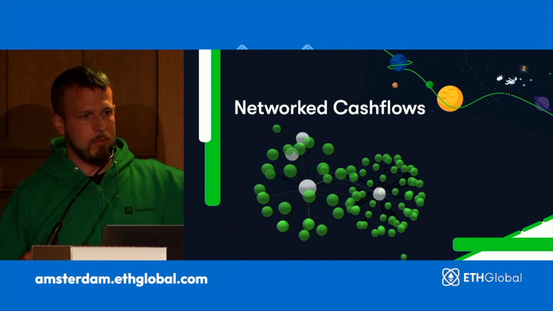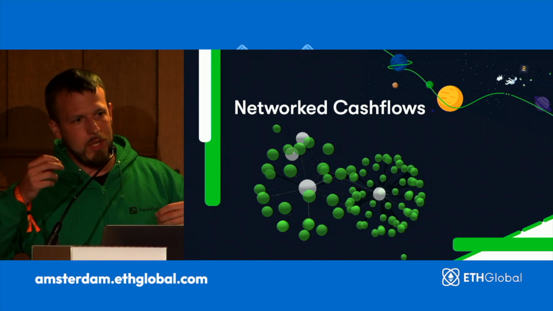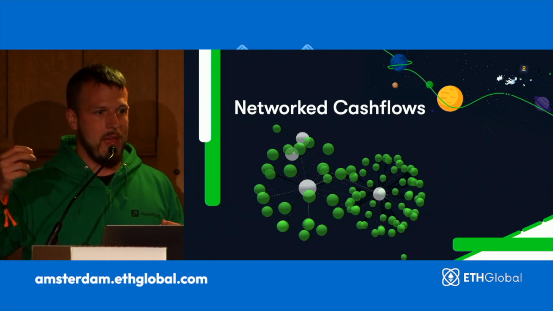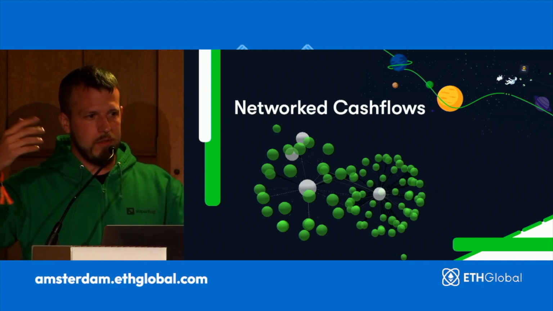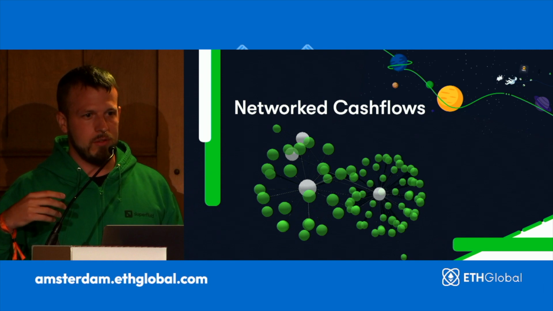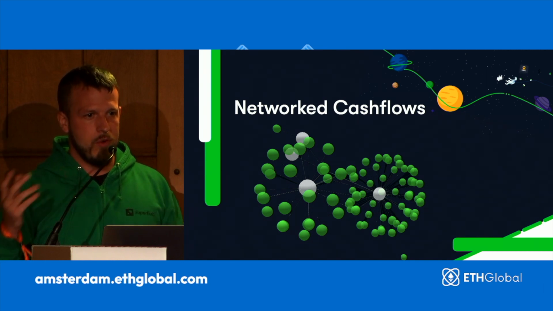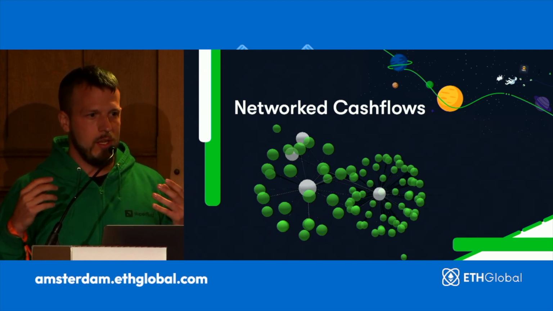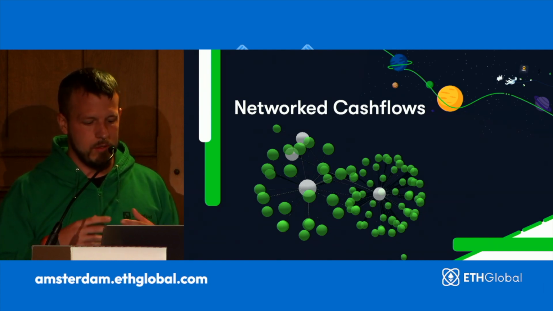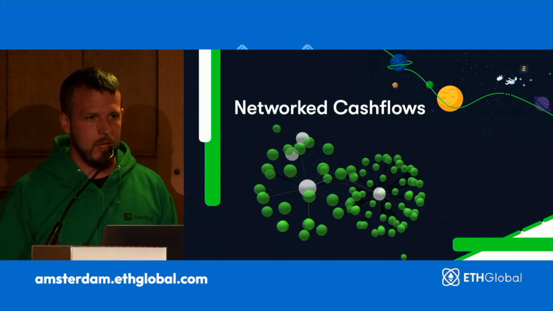You have the customer paying the business paying the employee paying the DCA protocol, and the DCA protocol probably paying its own employees. So all of these connected cash flows come together to basically move money in real time across accounts with no friction, no transactions, and again, settled every second on the blockchain. So money is just flowing around freely without gas costs.